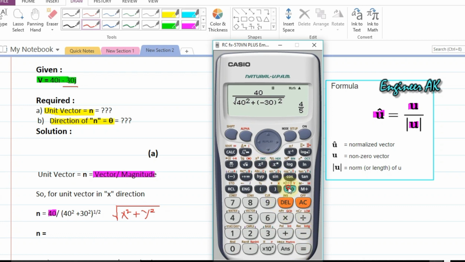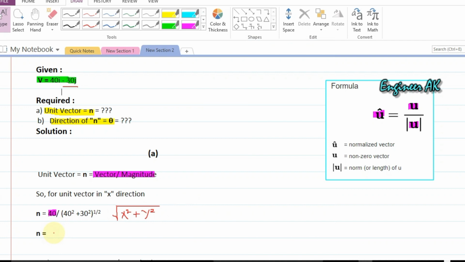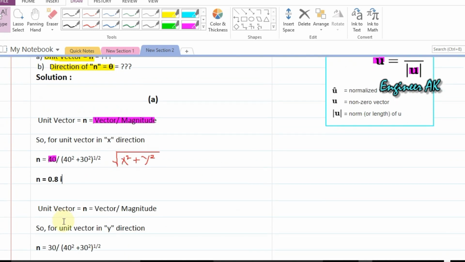Here we go, and we get 0.8. So I will write 0.8 i. We have found the unit vector in the x direction.